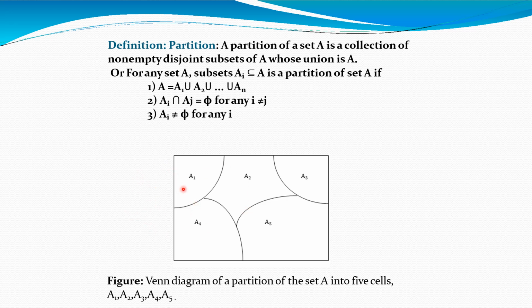This is A1, A2, A3, A4 and A5. Each is a non-empty set. Then A1 union A2 union A3 union A4 union A5 is equal to A. And if you consider any two distinct subsets of A like A1 A2, A1 A3, A2 A3, A2 A4, then no element is common. So such a collection is known as a partition of that set.